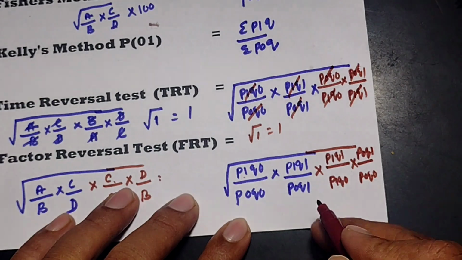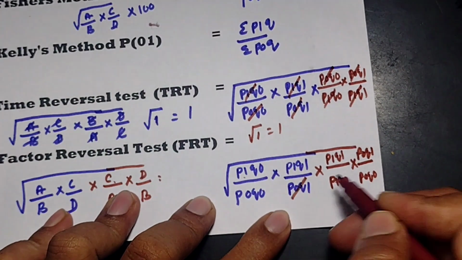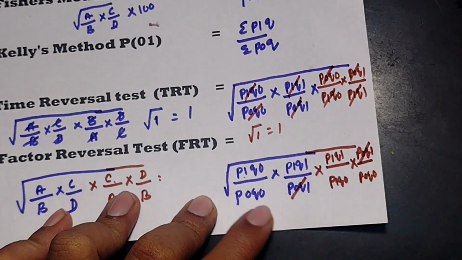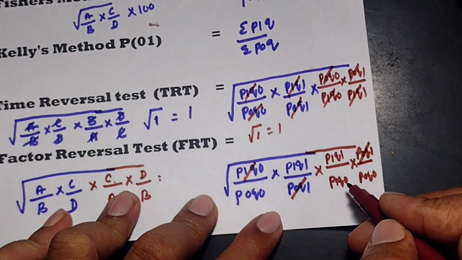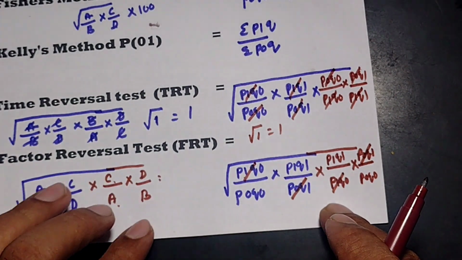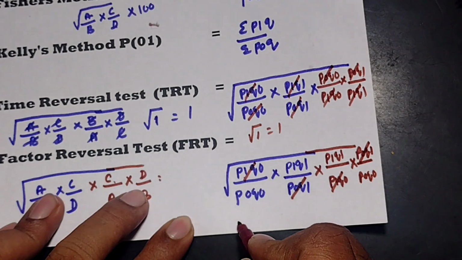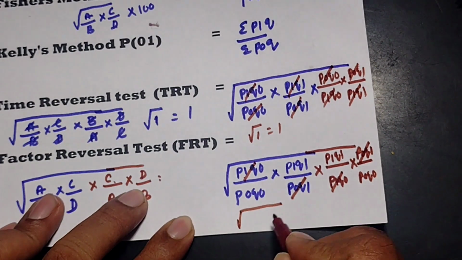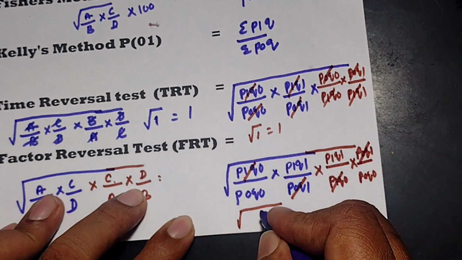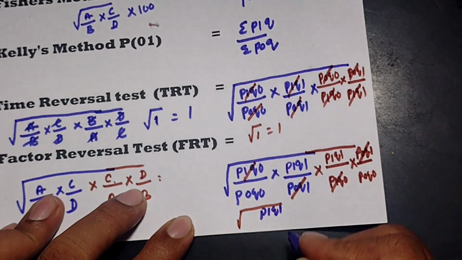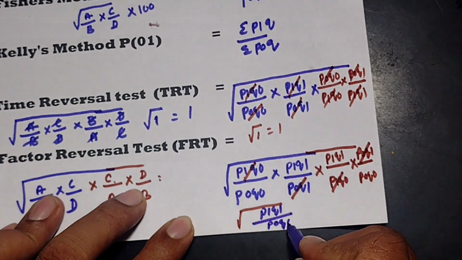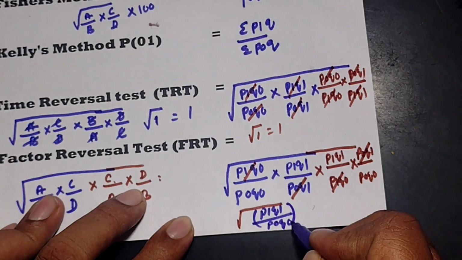First one, P0 Q1, P0 Q1 gets cancelled. Next one, P1 Q0 and P1 Q0 gets cancelled. Therefore, the remaining leftover is root of P1 Q1 divided by P0 Q0 whole square.